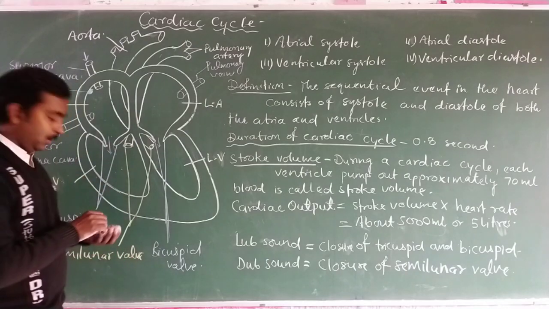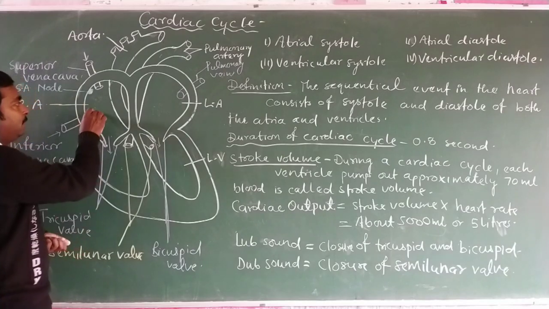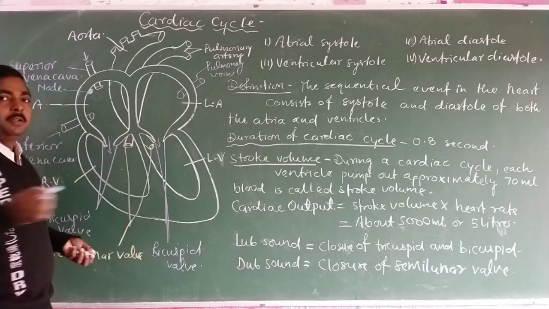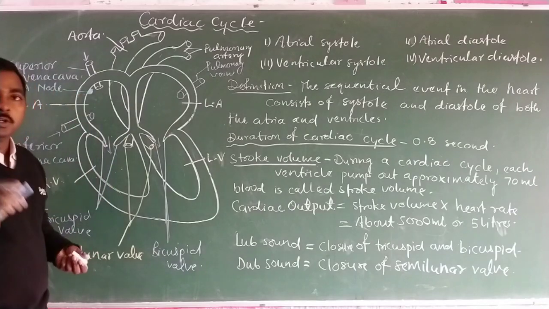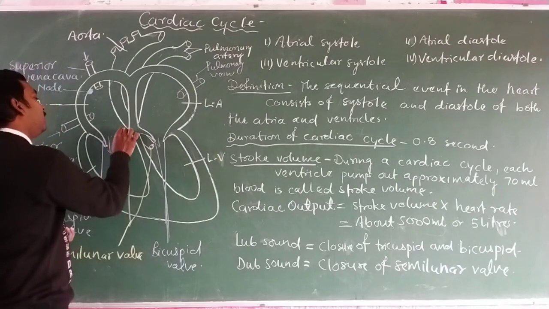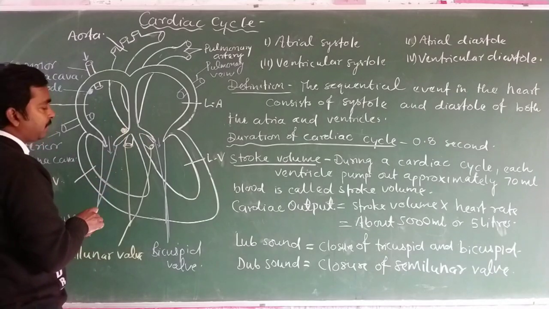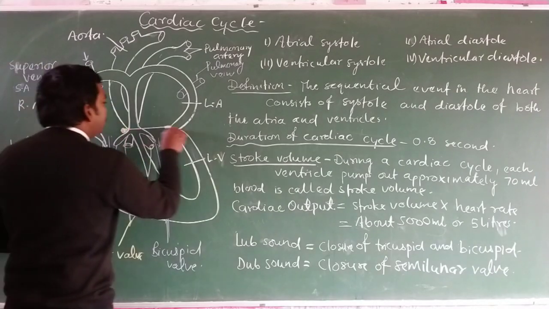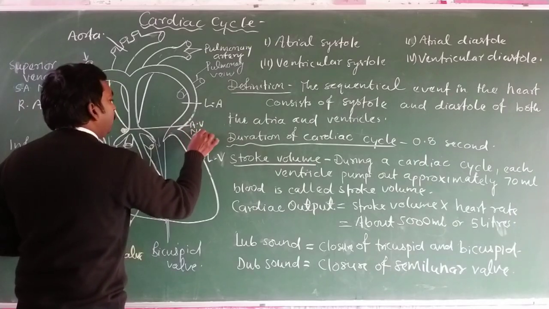The contraction of the atrium is initiated with the help of the sinoatrial node. The sinoatrial node also transfers the impulse to the next node of the system, which is known as the AV node.